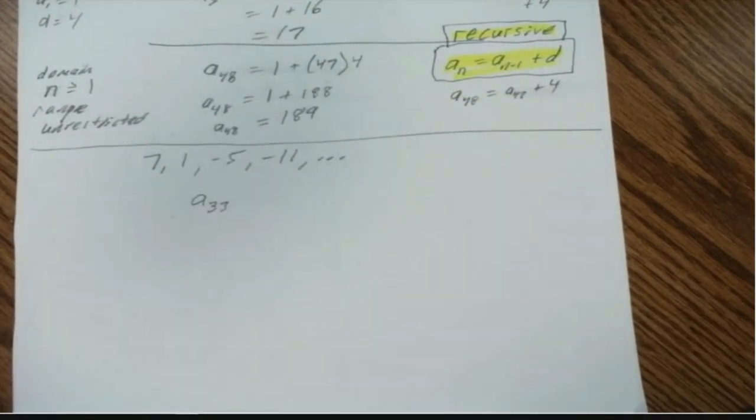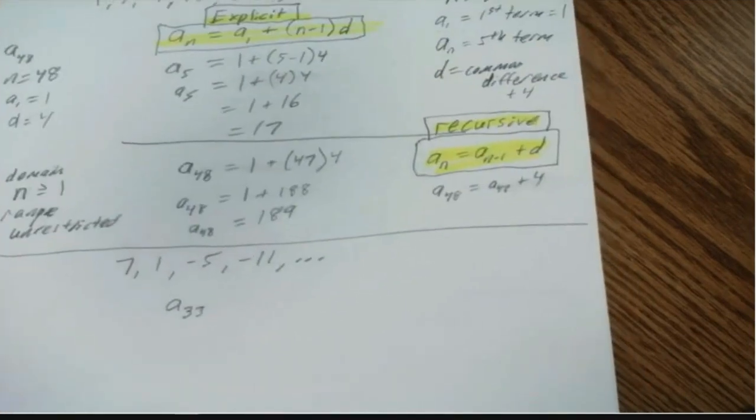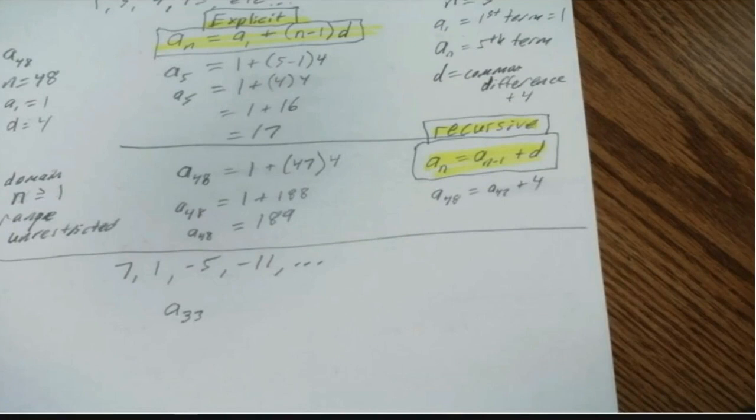So you got some pencil and paper there. Let me bring that down where you can see the explicit and recursive both. You can use either one you want. It's just one's going to be a lot more work than the other, but you can use recursive or explicit. But find the 33rd term.